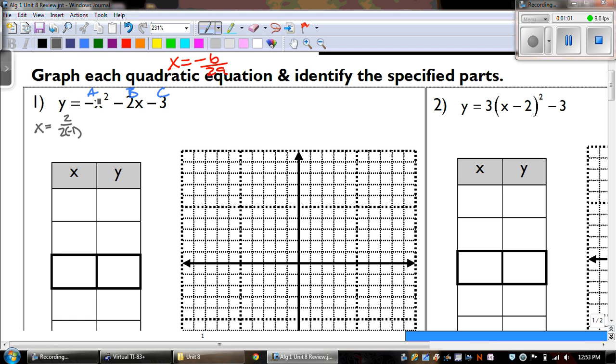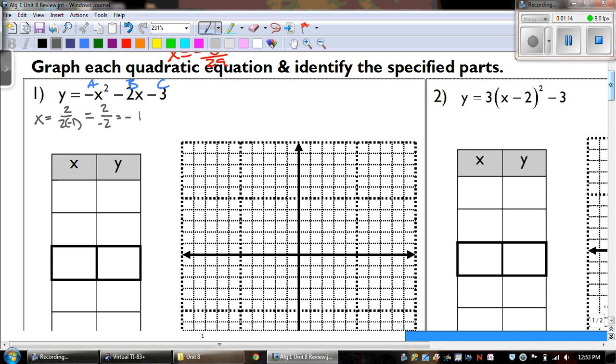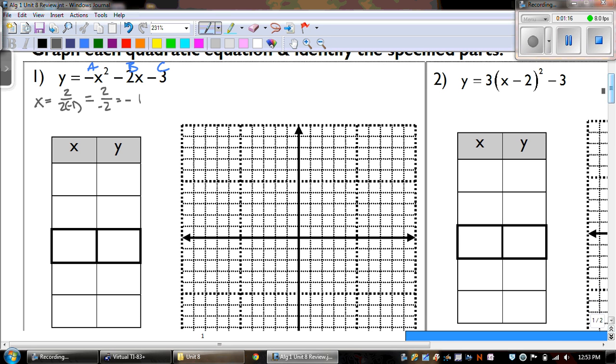Okay, so the top ends up being 2, and 2 times negative 1 is negative 2. When we reduce that, we get negative 1. So now I know that my vertex is negative 1, and then I go 2 numbers above and 2 numbers below.